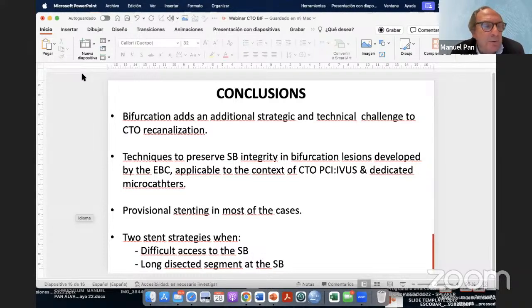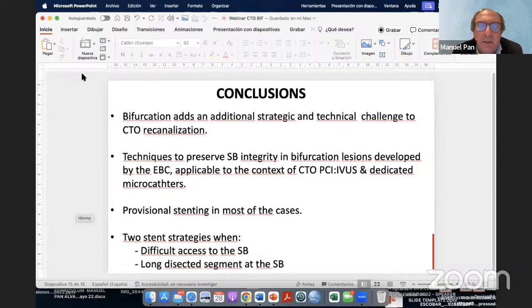My approach, or the general consensus, was to use all the maneuvers as previously mentioned, the double lumen catheter, trying to orientate the port and perforate the membrane of the dissection in order to reach the lumen of the side branch, but sometimes you fail.